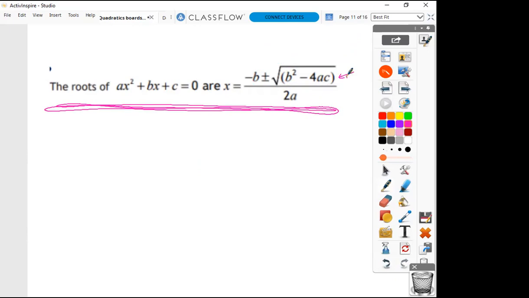There's a couple of different questions that could crop up in the non-calculator that ask for proofs and things like that, and you need to do that, obviously, without the aid of a calculator, okay? But the numbers in that case should be relatively simple, or you won't have to do the root part. Okay, but let's have a wee look and just work our way through that. So that whole line will be in your formula sheet in your exam.